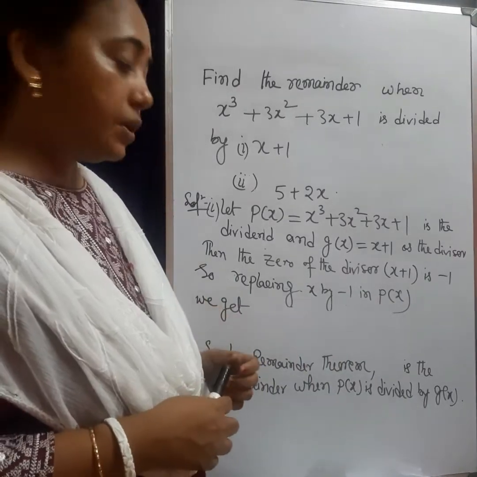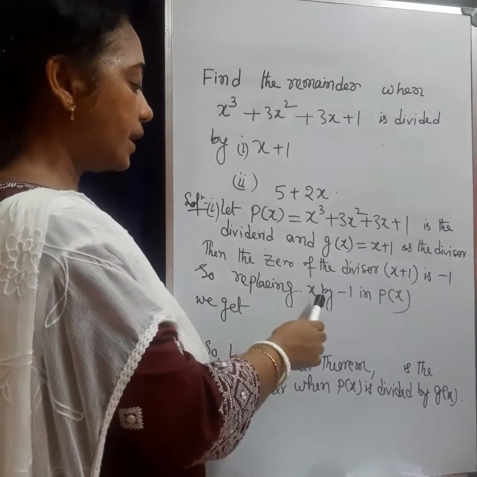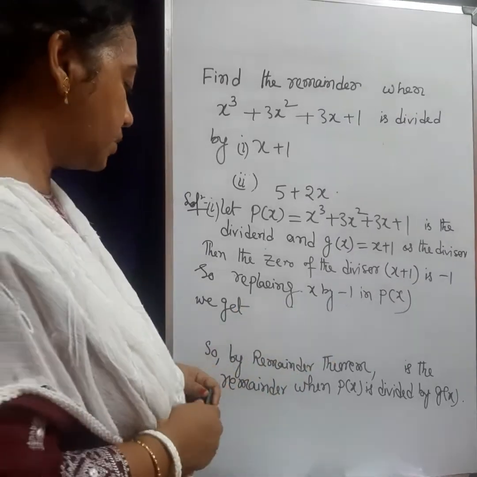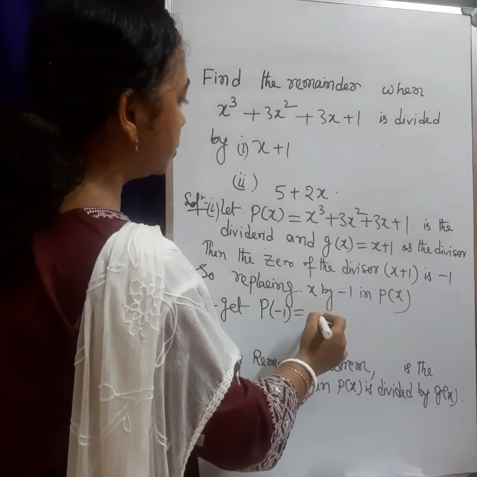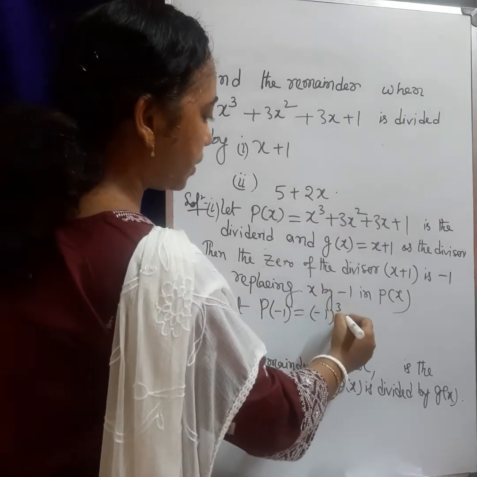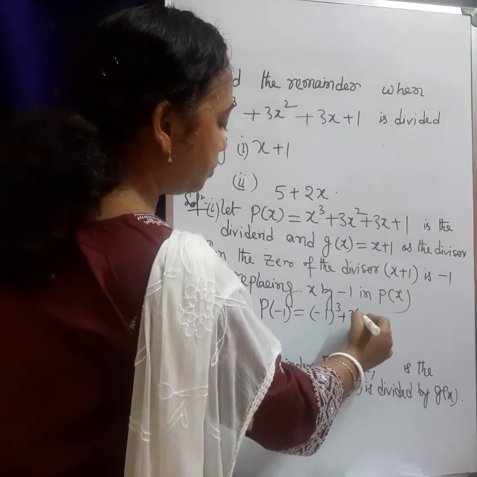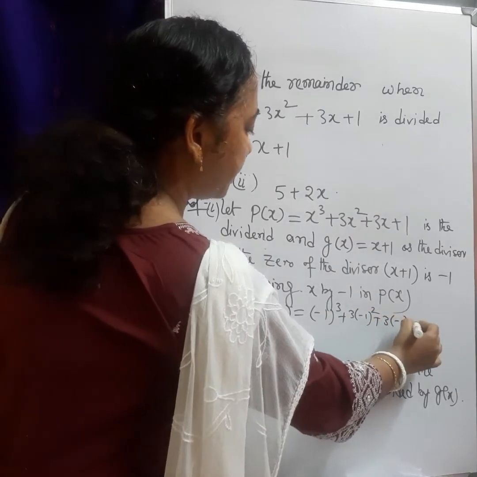Now if we replace x by the 0 of the divisor, that is, replacing x by minus 1 in p(x), we get p(minus 1). That will be equal to, we just replace x by minus 1 here: (minus 1) whole cube plus 3 into (minus 1) whole square plus 3 into (minus 1) plus 1.